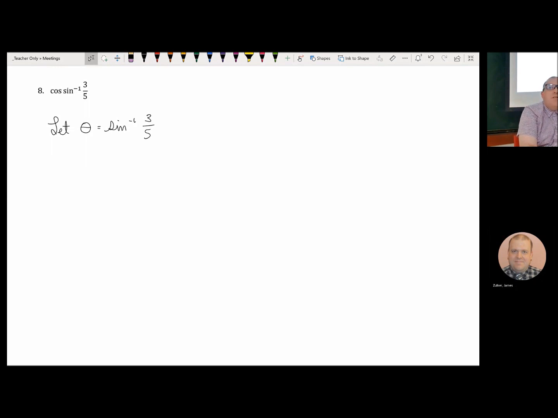All right, so how is sine defined in terms of the coordinate plane? Y over R. So for inverse sine of 3/5, what would the y be? That'd be 3. What quadrant are we in?